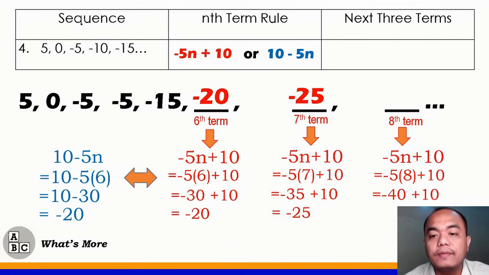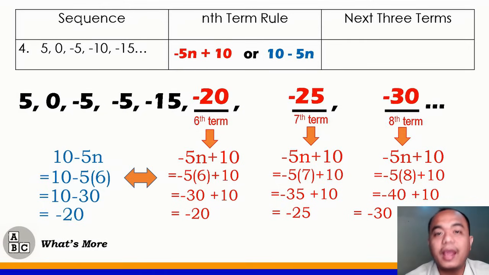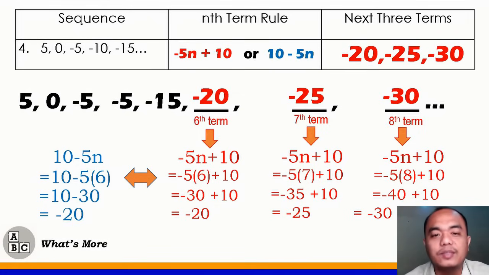And then we have negative 40 plus 10, and we have negative 30 as our eighth term. Did you get it, class? So again, negative 20, negative 25, and negative 30 are our next three terms in the given sequence.